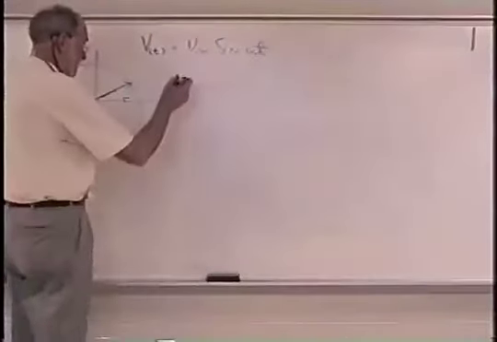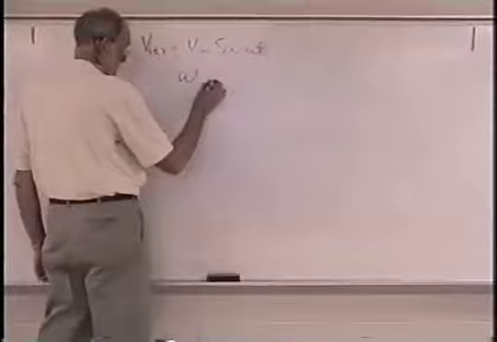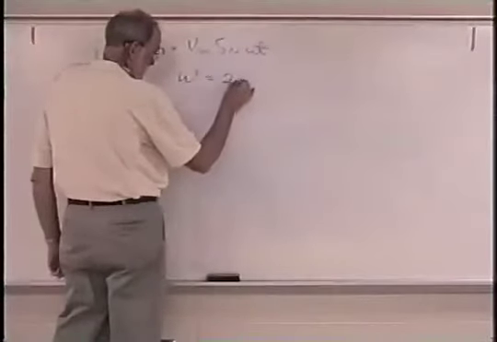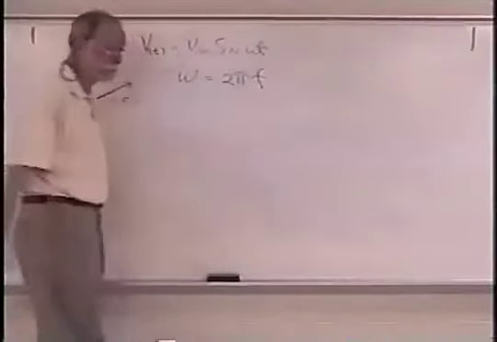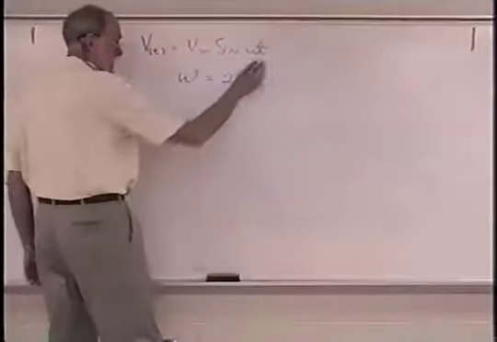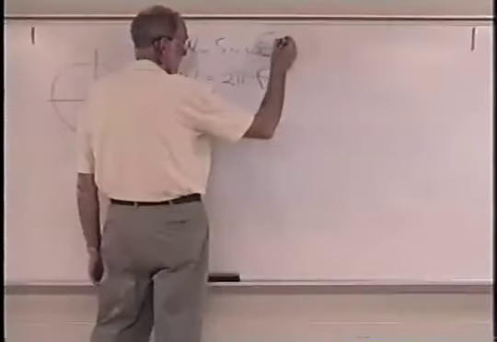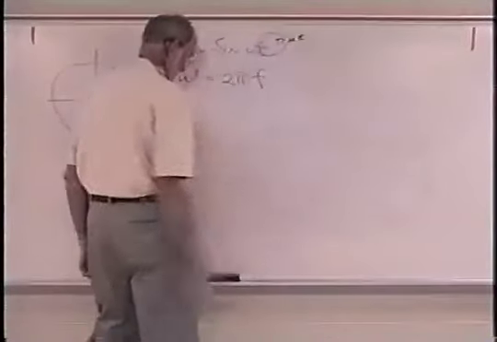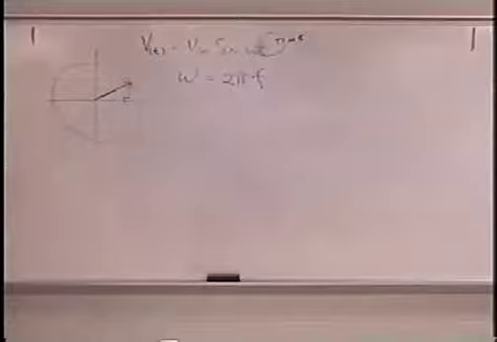Now let's talk about what this omega is. Omega is equal to 2 pi times the frequency of the sine wave. Now what do we mean by, what's the t by the way? The t is time, isn't it? Okay, the t is time, so we don't need to worry about that. We all know what time it is.